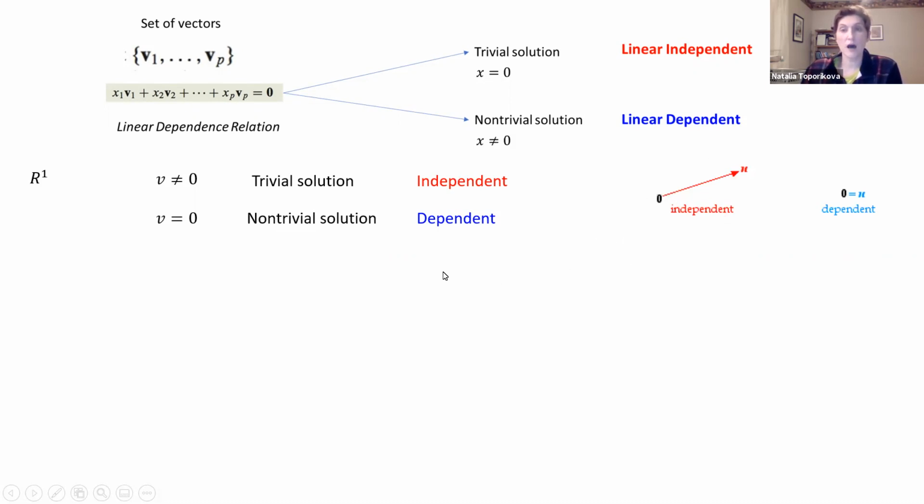Okay, let's build up our case and move to R2. In this case, our linear dependence relation will be x1 v1 plus x2 v2 equals 0.